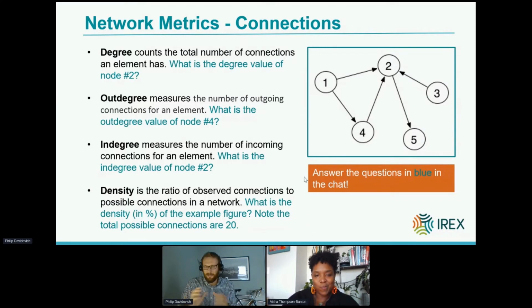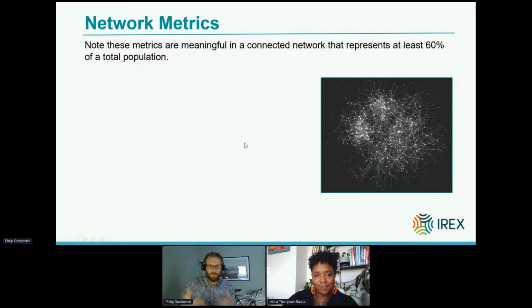So with that, let's dive into a couple of other, more complex metrics that you'll very likely see with future analysis, but they're very meaningful in the overall breakdown. The big cautionary note again with these metrics is that, even when they're objectively produced, they're only meaningful if the entire network is connected to each other.